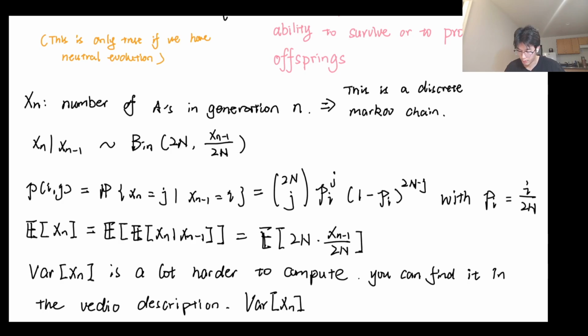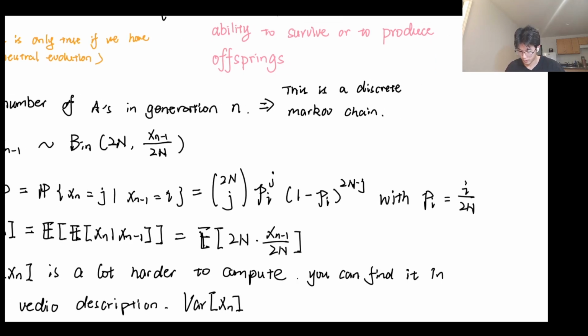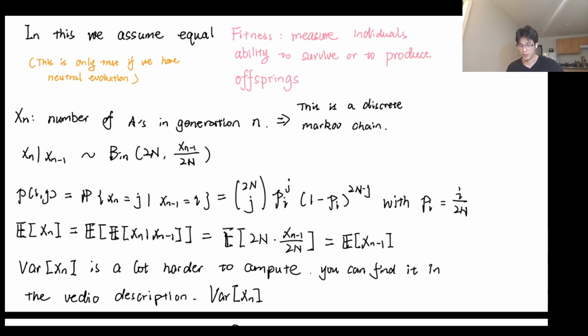And we simplify it. It equals the expected value of xn minus 1. And we can do induction here, backwards. Eventually it equals the expectation of the initial distribution, which is x0.